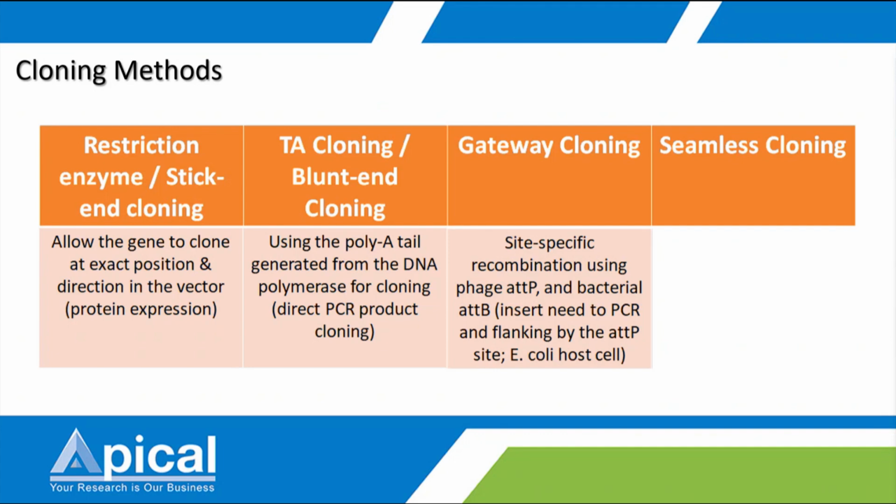So you will need to make sure your PCR product is flanked with the ATTP site, so that when you clone it into the ATTB site, it will fit. Which means you need to design your PCR primer to carry this site.